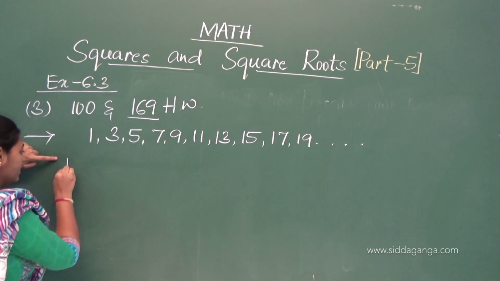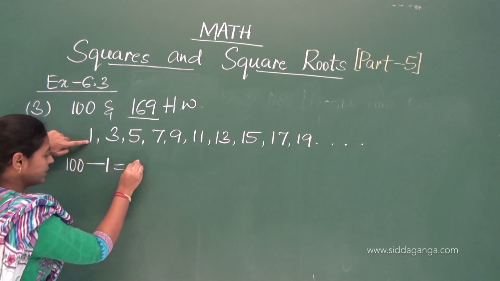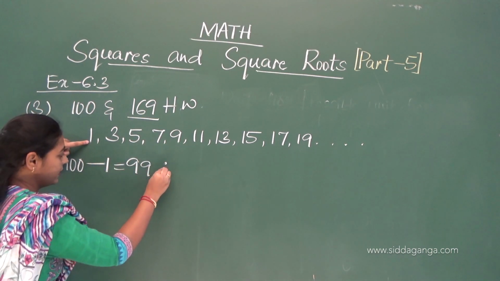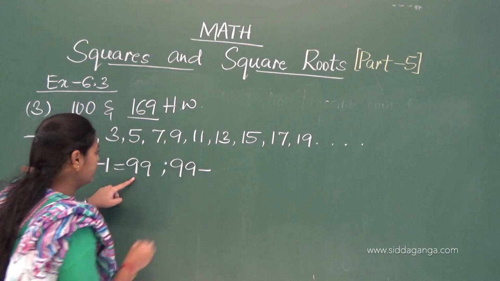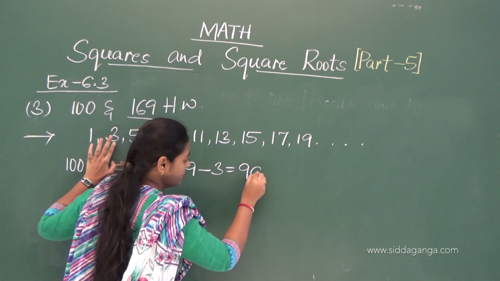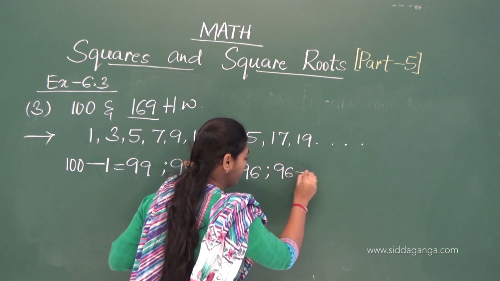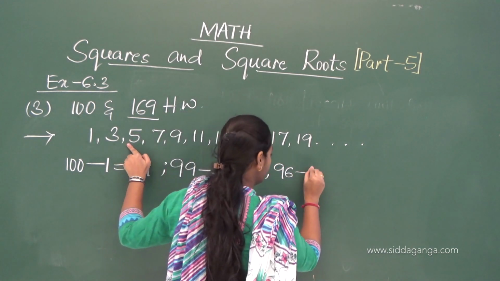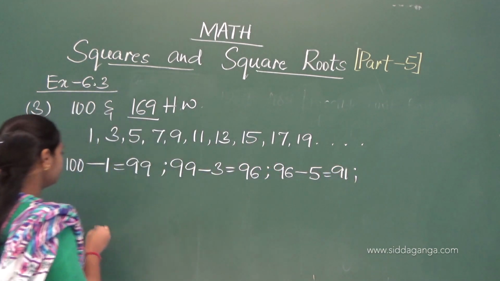100 minus the first odd number, 1, is equal to 99. Similarly, repeat this method. 99 minus the second odd number, 3, is 96. Again repeat this step. 96 minus the next odd number, 5, is equal to 91.